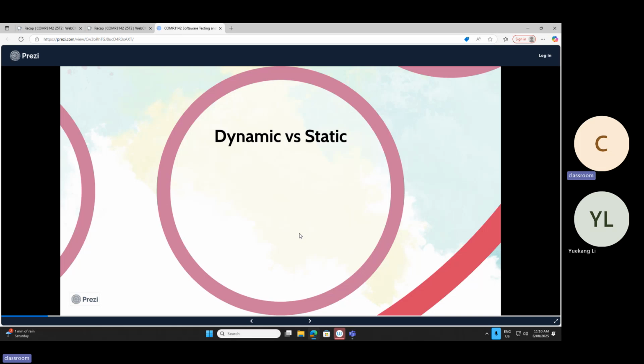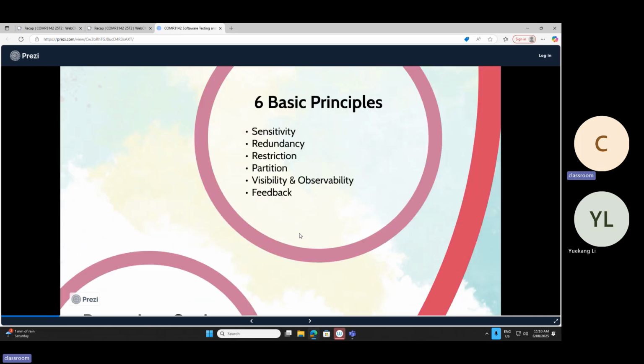Because we need to execute the program. We need to run the program. So it is dynamic. Dynamic technique is more about executing the software and observing for abnormal behaviors. And static analysis is more about scanning for certain vulnerable patterns inside the program. So these are the two concepts here.